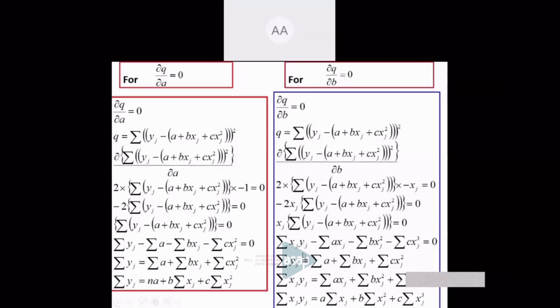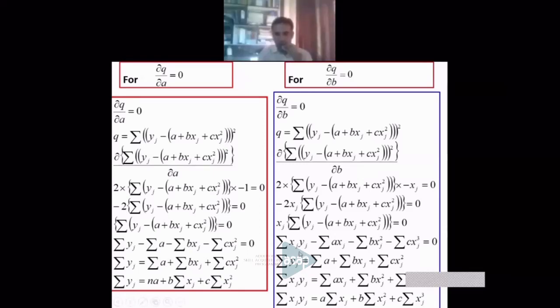Hello. So here, you multiply xj and yj, you get sigma xj yj minus a into xj. This is the next term. You have xj and b xj. When you multiply, you get xj here and another xj here.